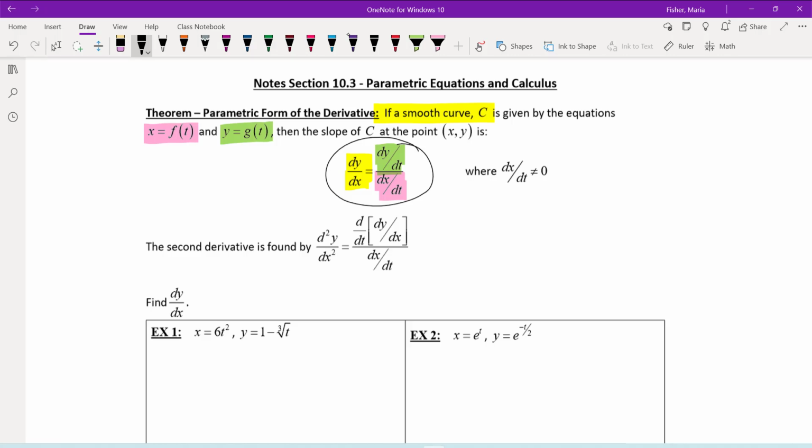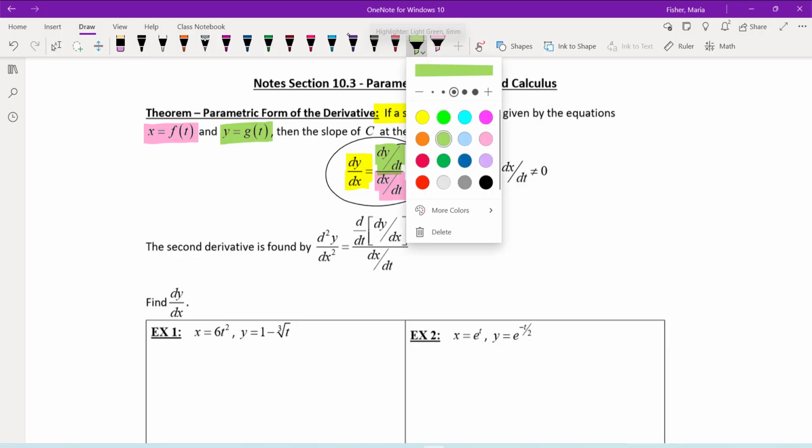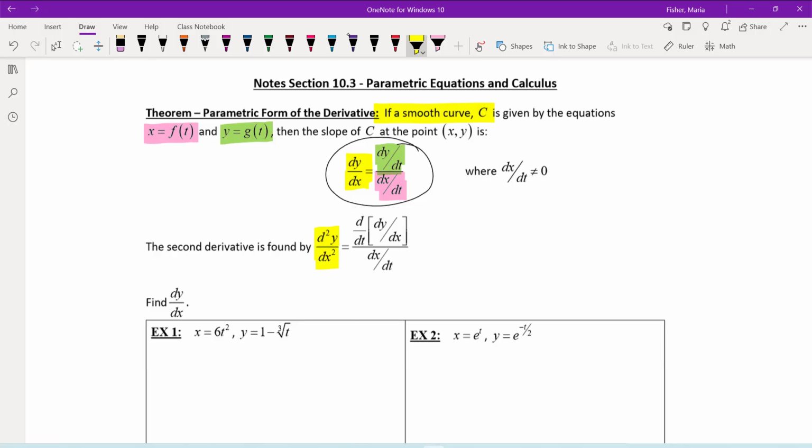The second derivative of y with respect to x is found by the derivative with respect to t of dy/dx over dx/dt. Let's talk about why that is. The reason is that this is really the derivative with respect to x of dy/dx. But the problem is that dy/dx is a function of t.